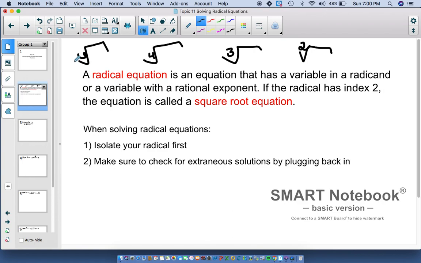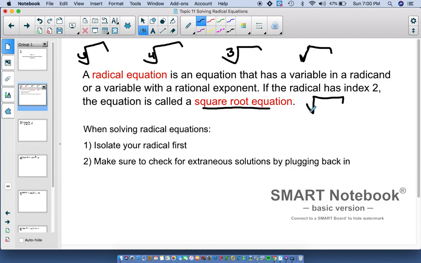But any equation that has the radical symbol is considered a radical equation. Now, when it's specifically an index of 2, which we can assume when we don't see the actual index, that's called a square root equation. So any equation that has this symbol, which technically has an index of 2.